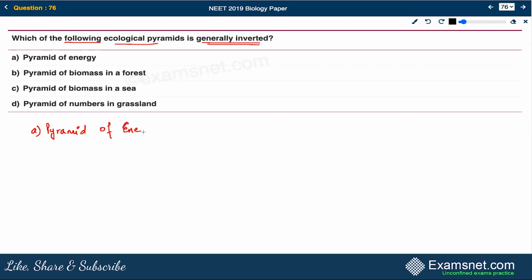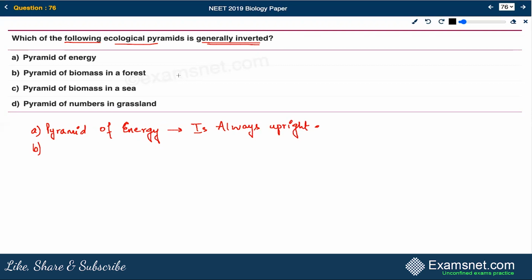It is always upright, irrespective of the ecosystem, whether it's a forest or a sea or a grassland or anything. So that's why this is always upright. Clear?